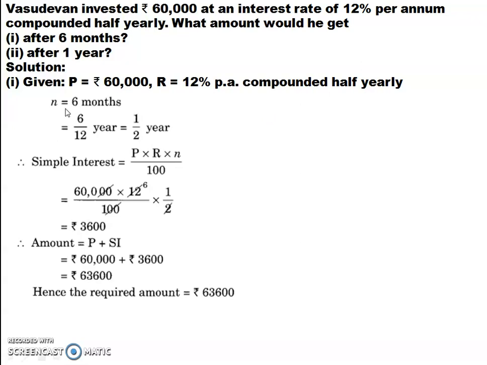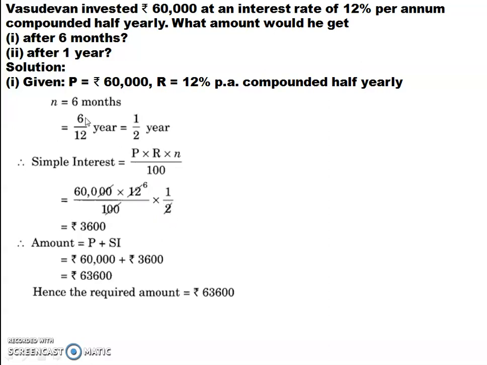So here n equal to 6 months. That means half year. So simple interest is equal to P into R into N by 100. So P is 60,000, R is 12% and N is 1 by 2.